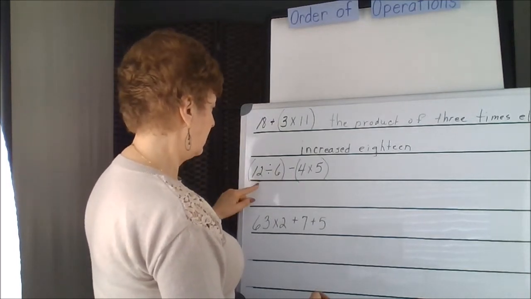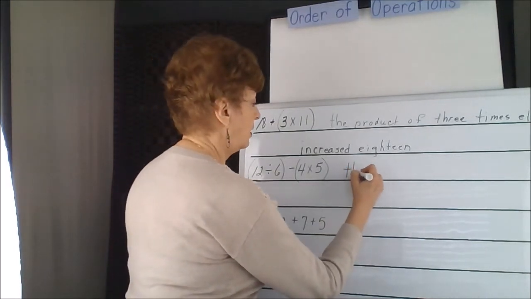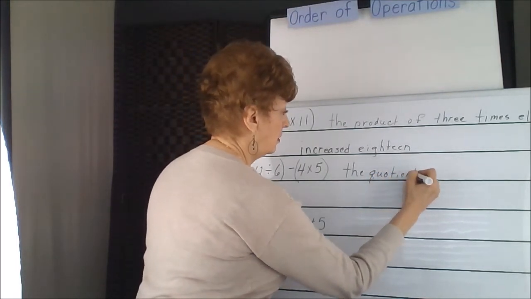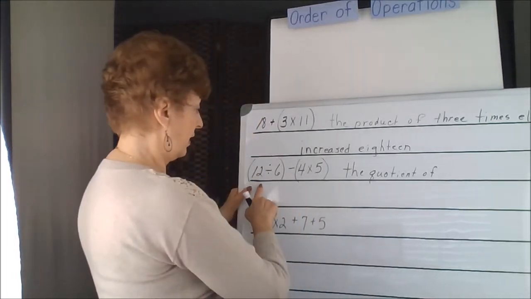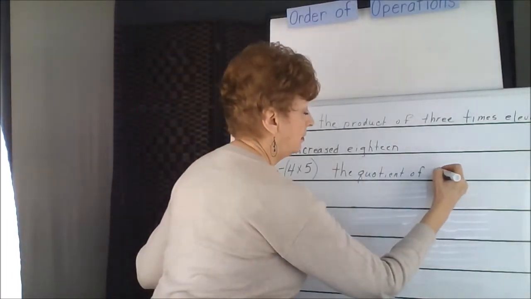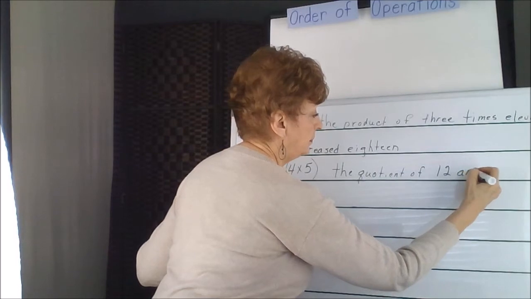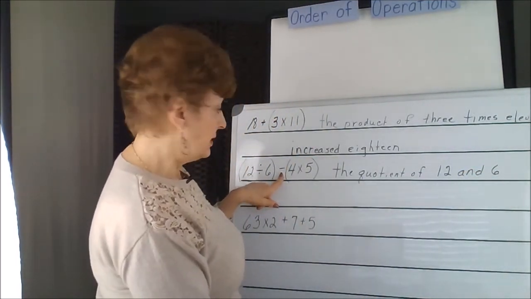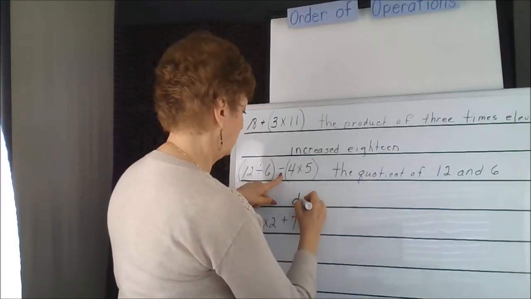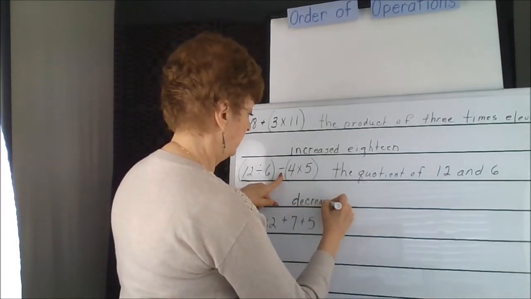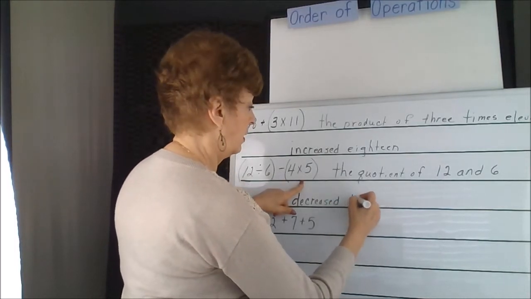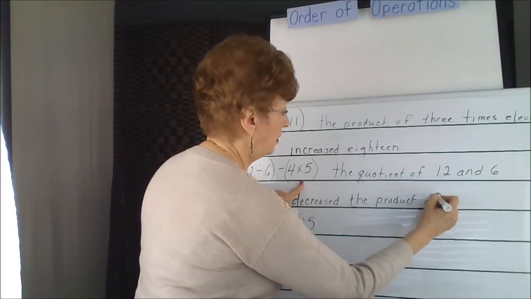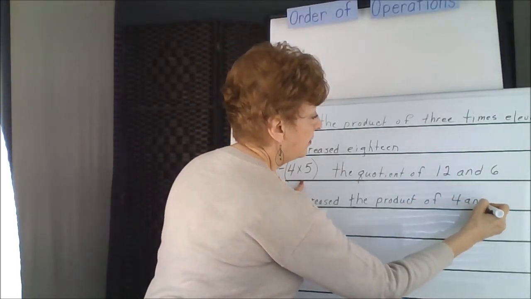So we could say the quotient of 12 and 6 decreased by the product of 4 and 5.